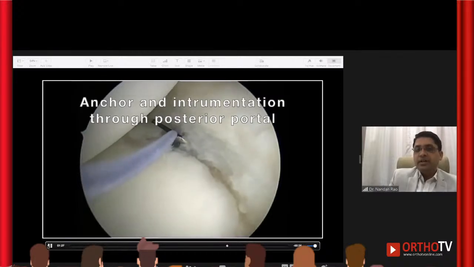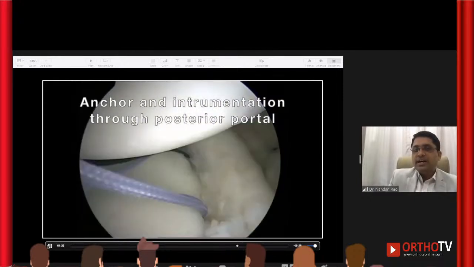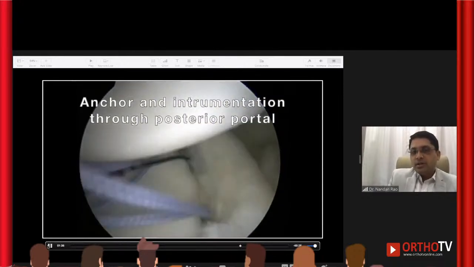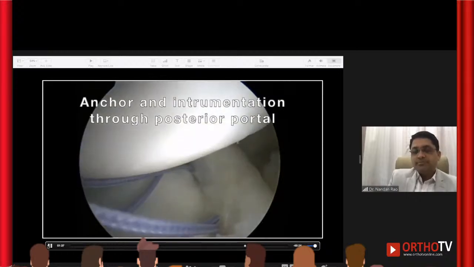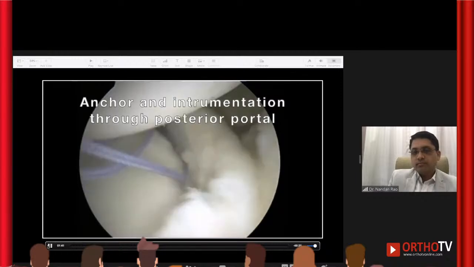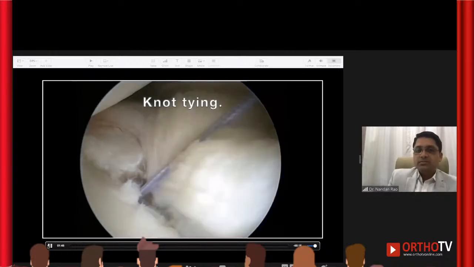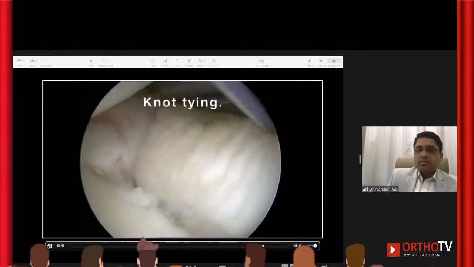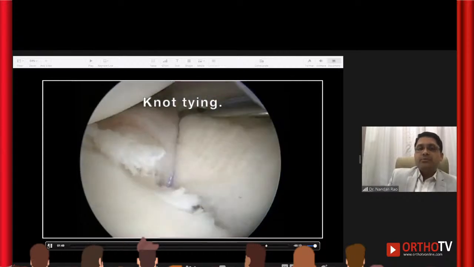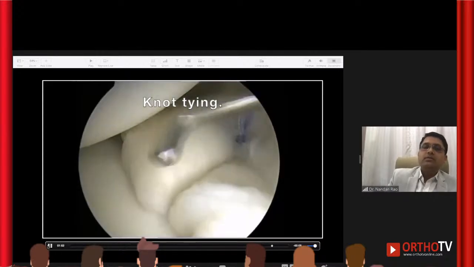The bite is again inferior or caudal to the suture anchor, so that at the end when we tie the sutures, we get an element of posterior capsular shift and retensioning. This is the knot tying part. So the posterior capsule is nicely bunched up.